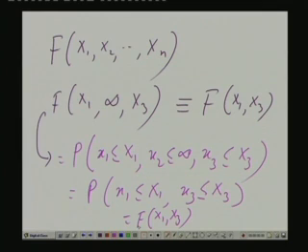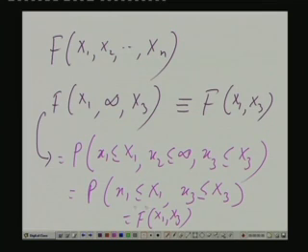I repeat again in case there is a confusion: x1 less than or equal to capital X1, x2 less than or equal to infinity, I am considering the joint events, and x3 less than or equal to capital X3. This is equivalent to the joint event x1 less than or equal to capital X1, x3 less than or equal to capital X3.